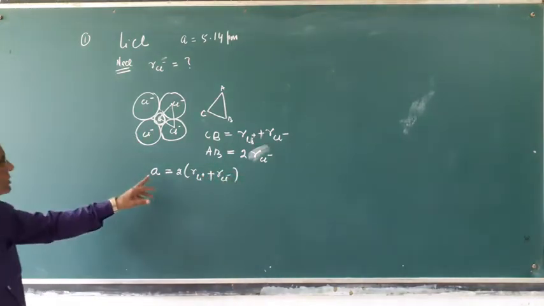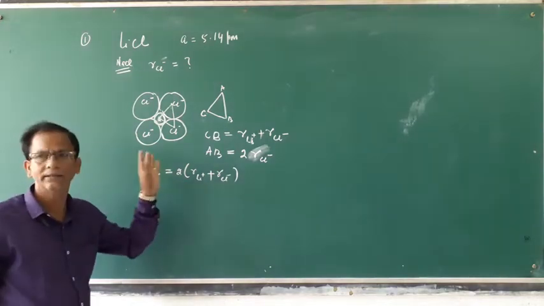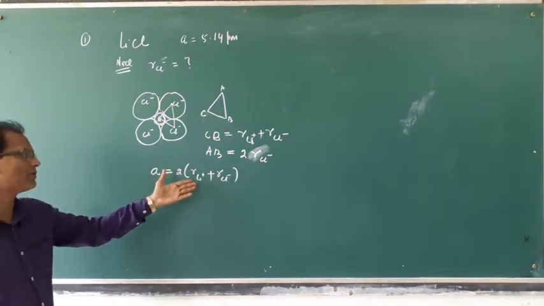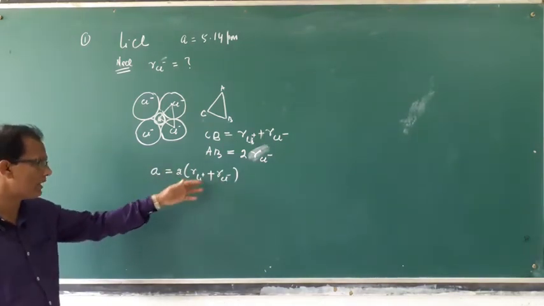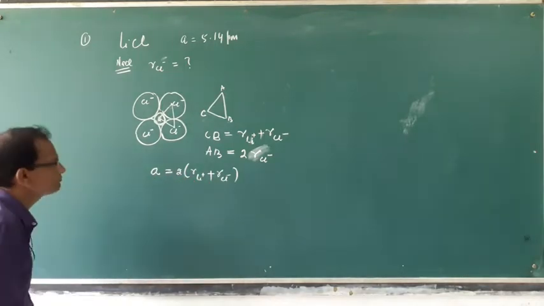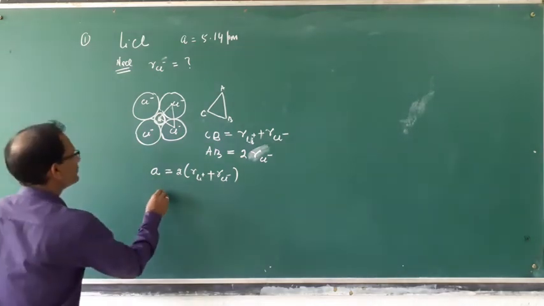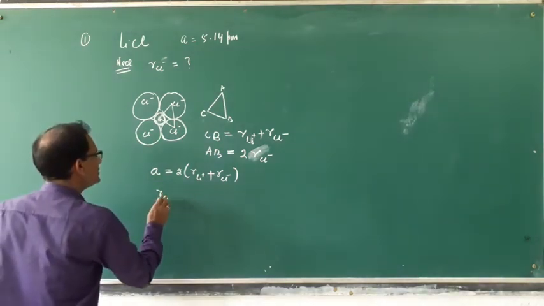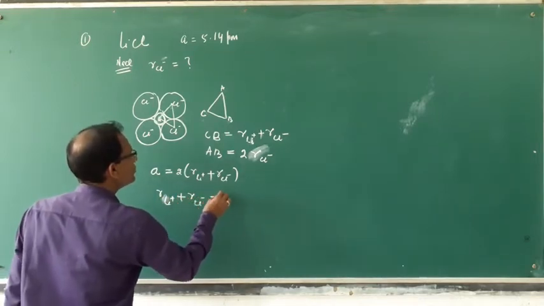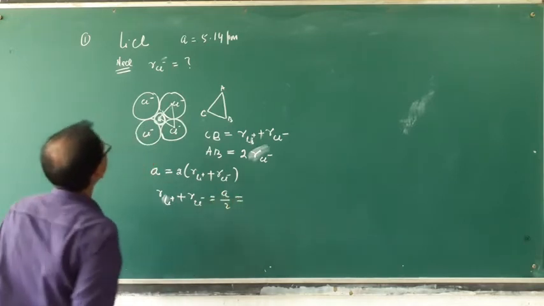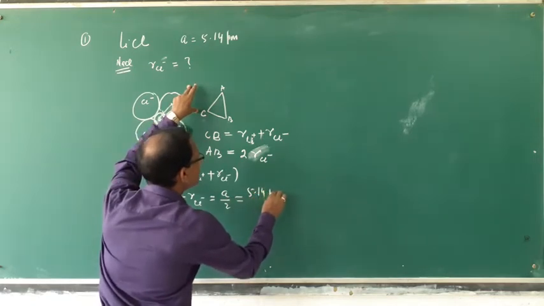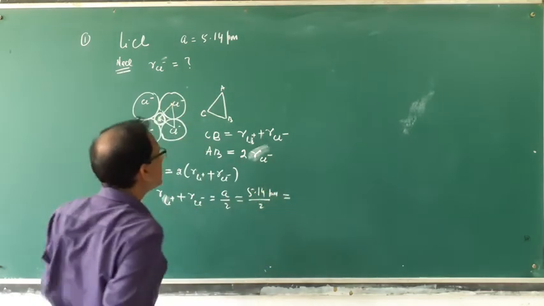This is the relation between edge length and cation anion distance. That is, the radius of cation and the radius of anion sum into 2 is equal to edge length. So R Li plus and R Cl minus is equal to A by 2. Here A is given as per the question, 5.14 picometer by 2, which is equal to how much?